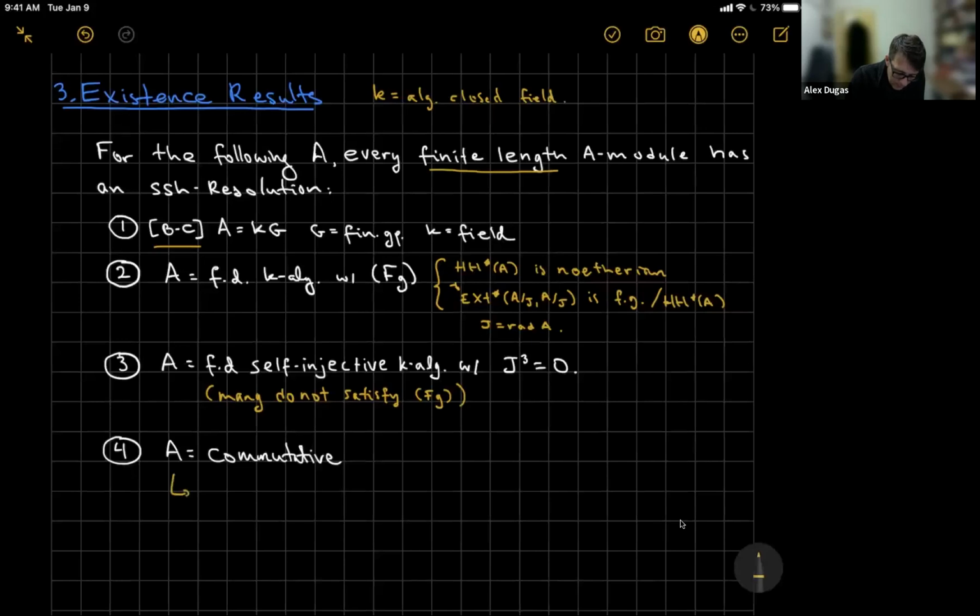And we're able to show one result in the opposite direction for isolated singularities. So let me just mention this.